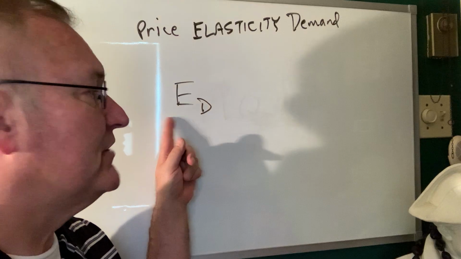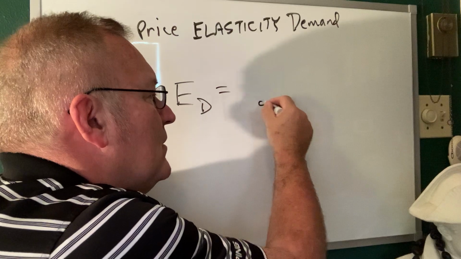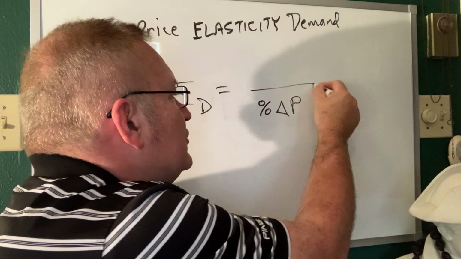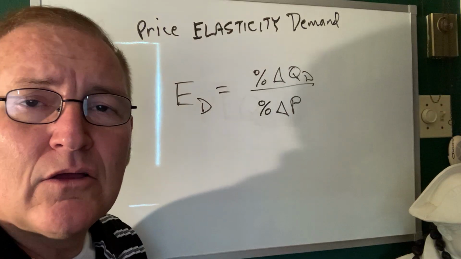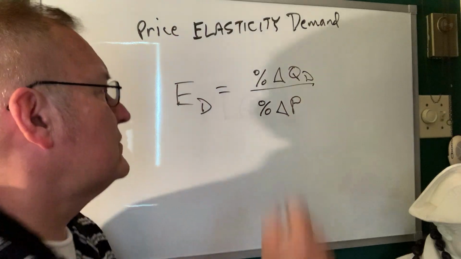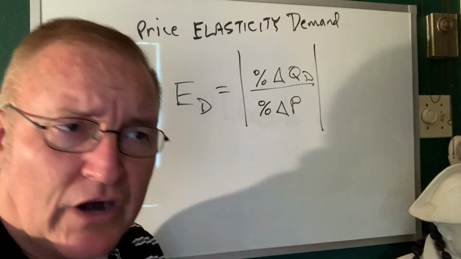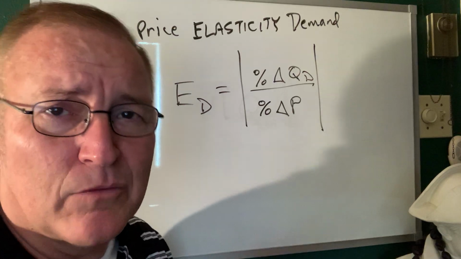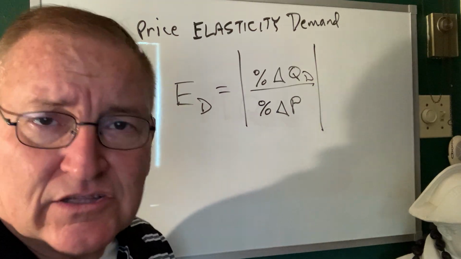We have price elasticity of demand, and it's the percent change in the quantity demanded given a percent change in price, in terms of responsiveness. Because the relationship between price and quantity demanded is negative, this actually comes out to be a negative number, but we don't really care about that. So in absolute terms, what is the price elasticity of demand?